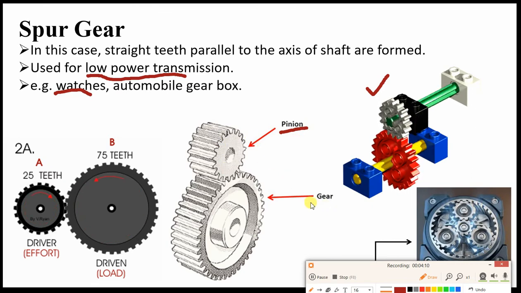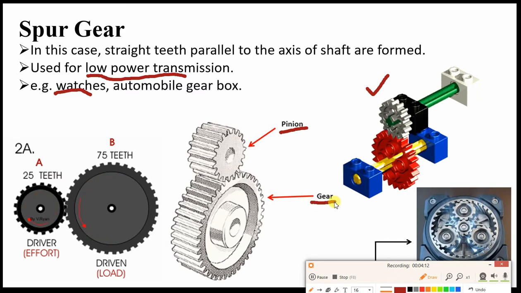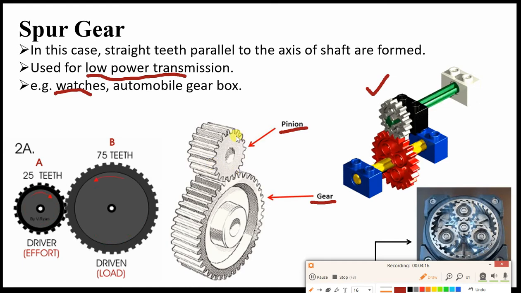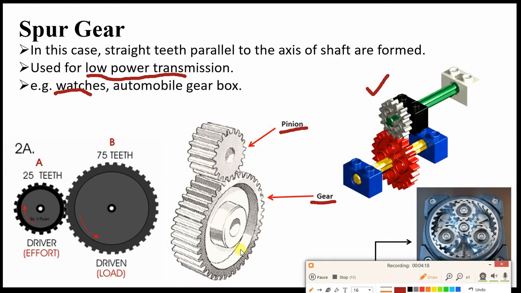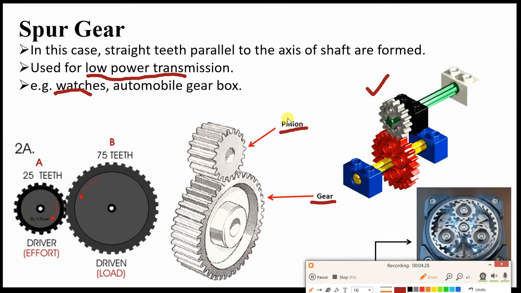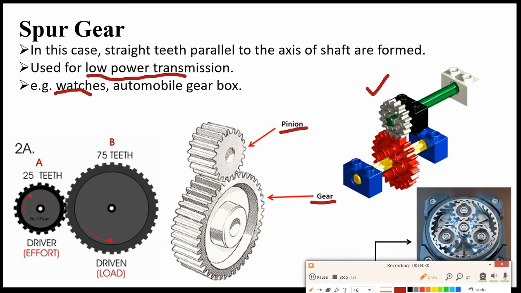And the wheel or gear with more diameter is called the gear. Smaller diameter wheel is called the pinion, bigger wheel is called the gear. Power is always transmitted from pinion to gear in a spur gear.